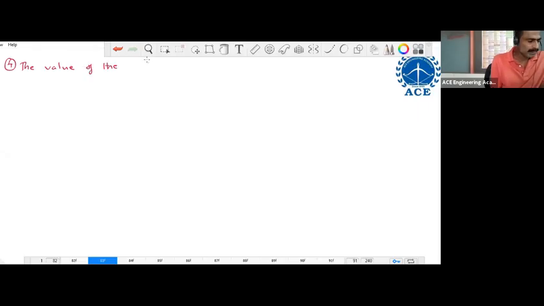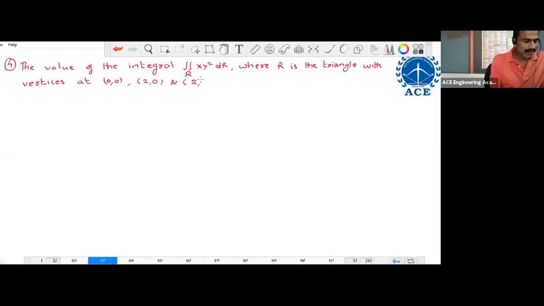The value of the integral, double integral over R of x y square dR, where R is the triangle with vertices at (0, 0), (2, 0) and (2, 1). The value of the integral is.